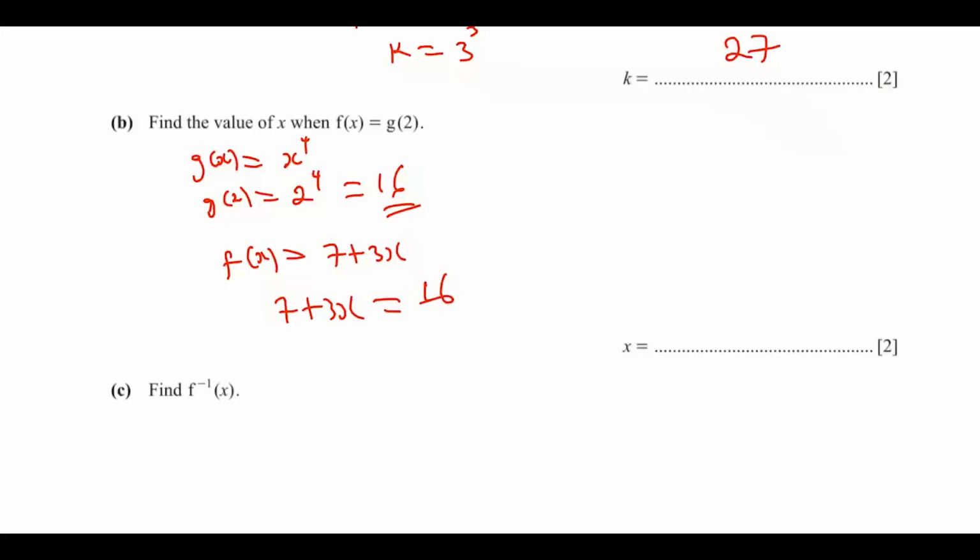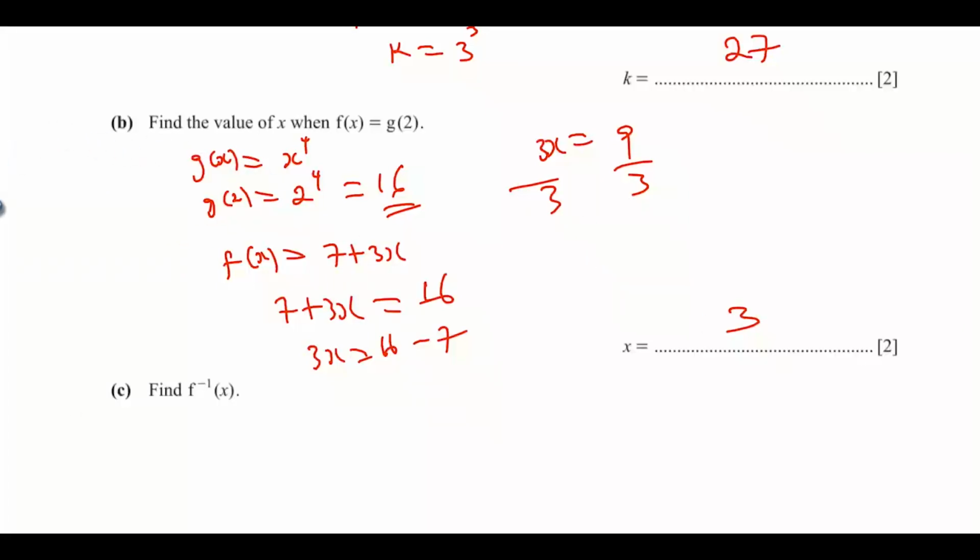Then if we collect like terms, 3x equals 16 minus 7. That will be 9. If you divide both sides by 3, x will be equal to 3.